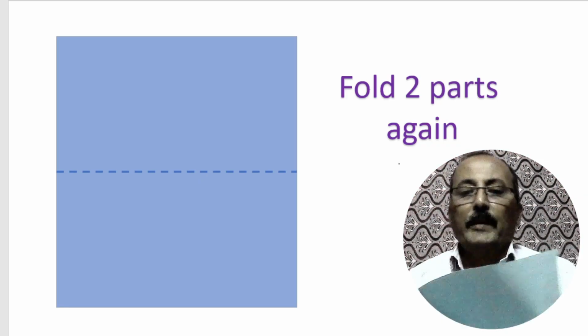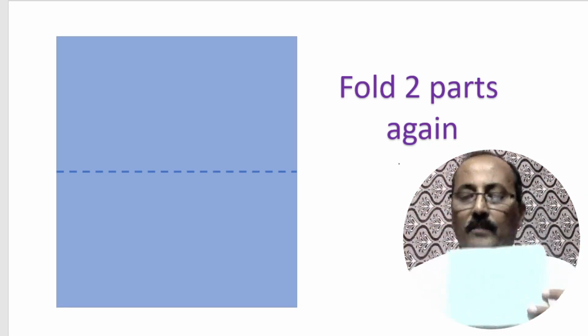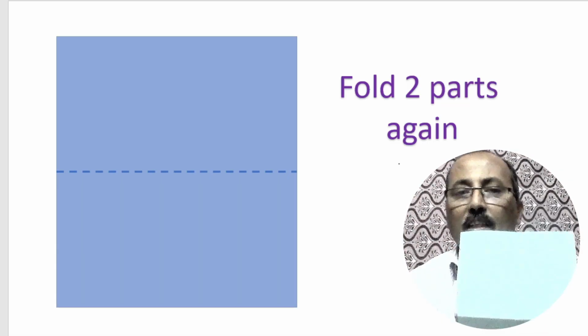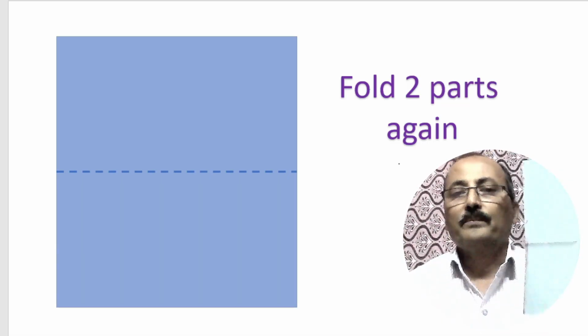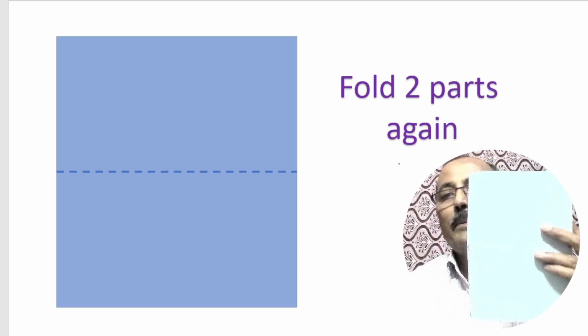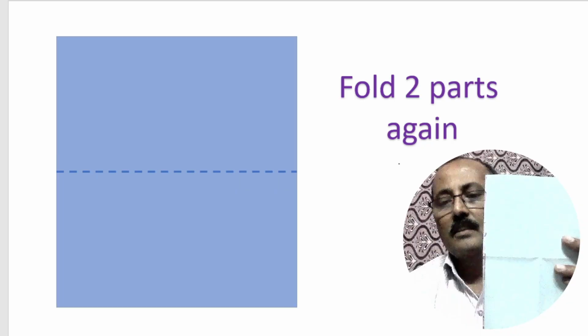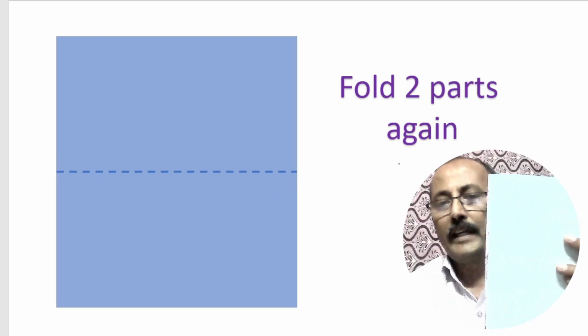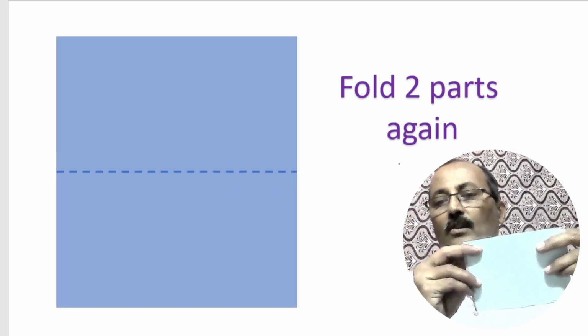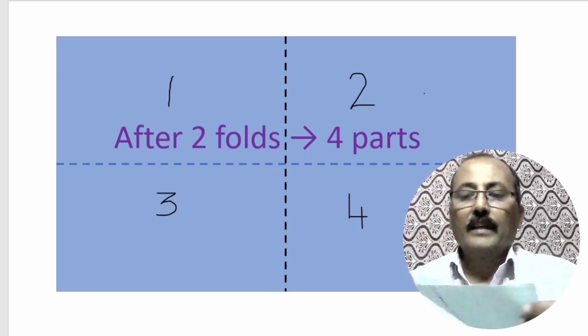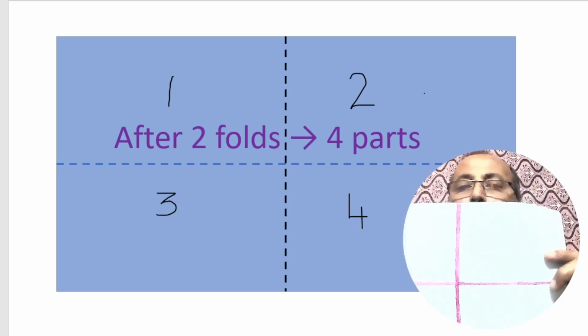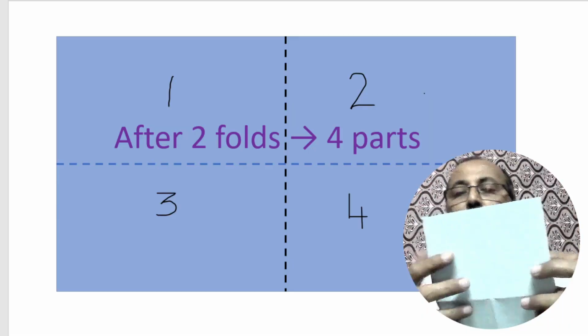Before folding, the A4 sheet is folded into 2 parts. After unfolding, it is going to have 4 parts. Now again fold it.